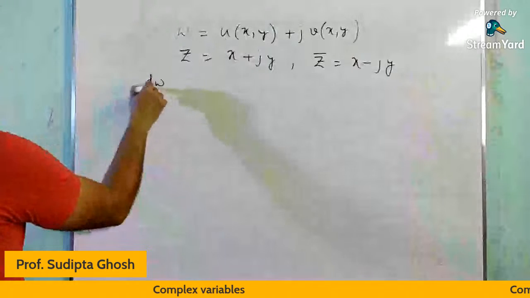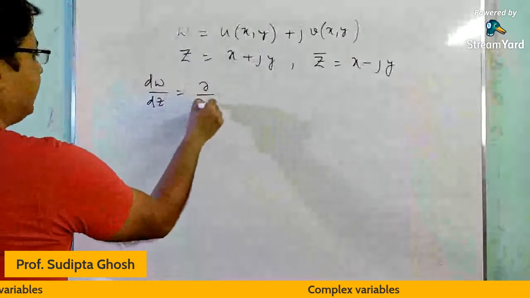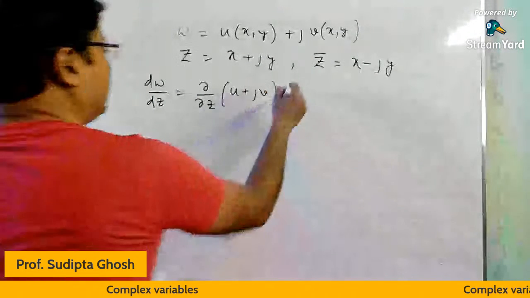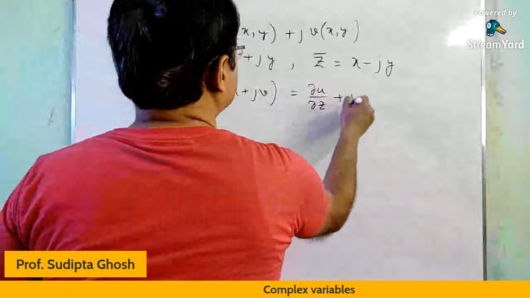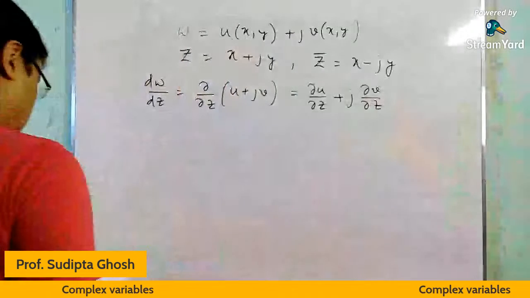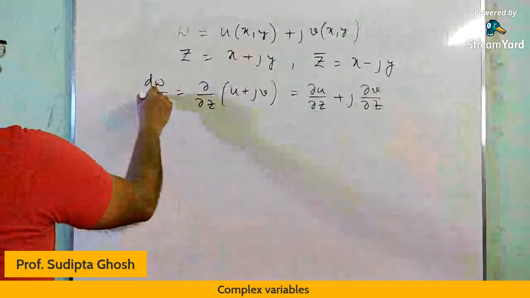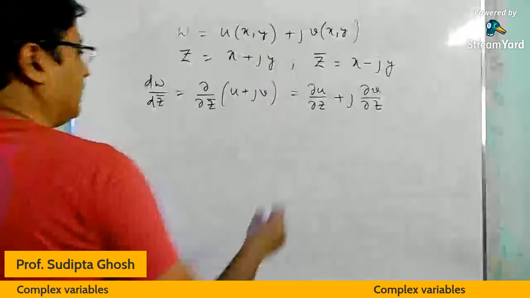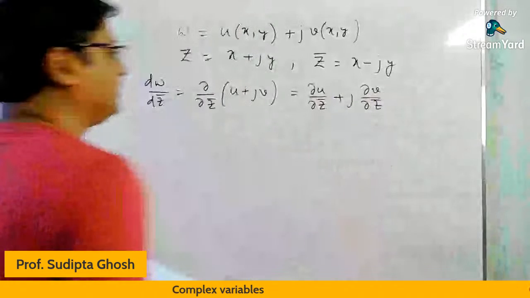Now dW/dz means ∂/∂z of (u plus jv), and it will be ∂u/∂z plus j ∂v/∂z. Or let us find out dW/dz prime.